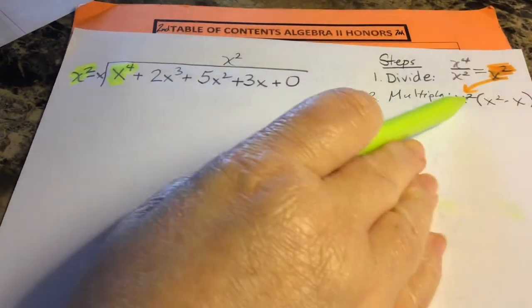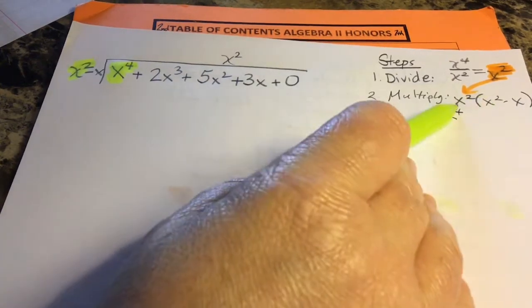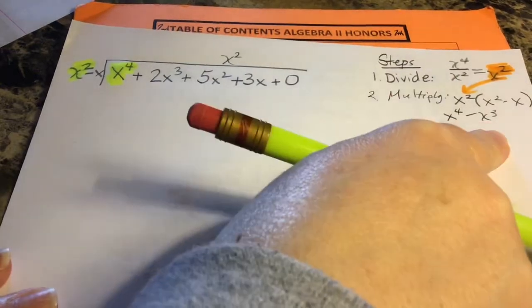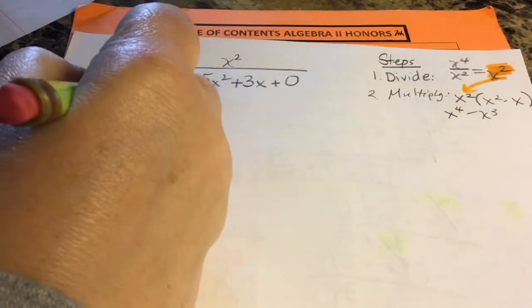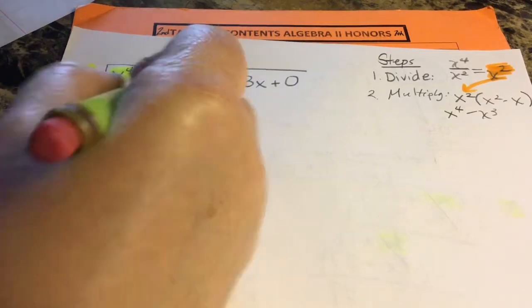Okay, so x squared times x squared is x to the fourth. And then x squared times negative x is negative x cubed. So I'm going to put these under their like terms. X to the fourth minus x cubed.